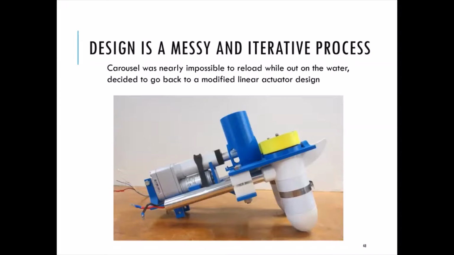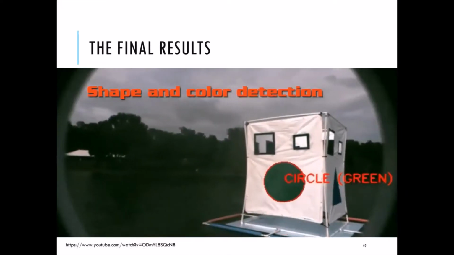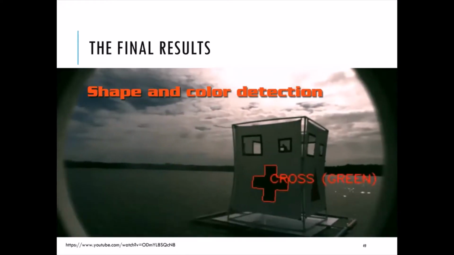All right. So design is a messy, iterative process. Before I said that was the final design of the boat, but it's actually not quite true. We actually decided not to go with the carousel, and the reason why is because it was too difficult to reload the balls on the water. And so we ended up going with an improved linear actuator design. So here's the racquetball launcher actually out on the water. You can see the target.